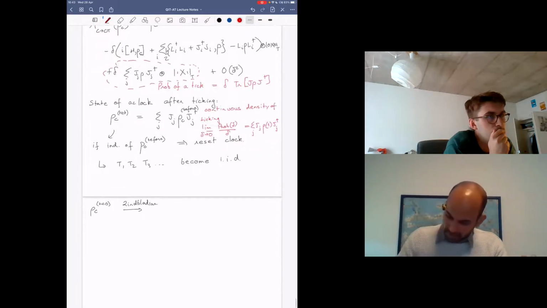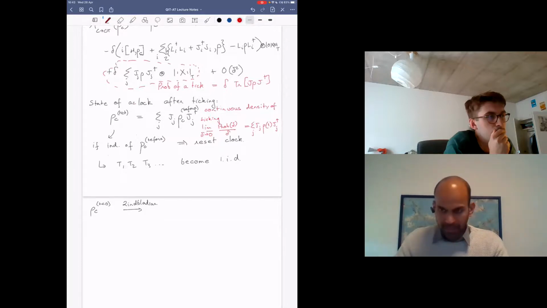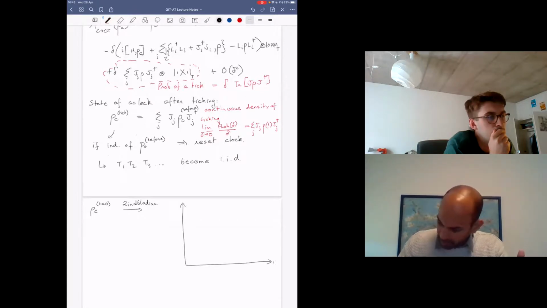So this gives you a probability that you see a tick per unit time. So imagine now I do the following. I start the clock in some state, and I evolve it according to this Lindbladian, and then I see at what times I actually measure a tick. So in a single run of the experiment, I'm just going to get some tick instances. We call these T1, T2, T3, T4, T5, and so on.